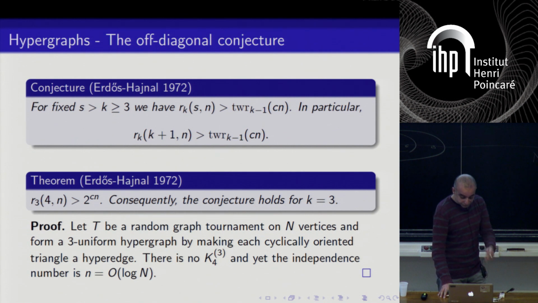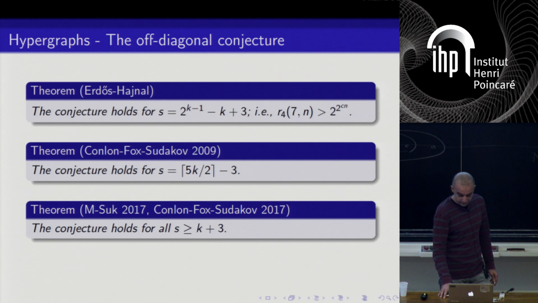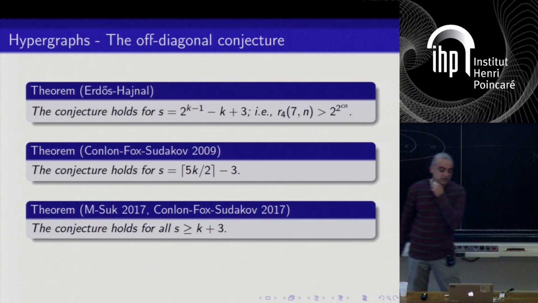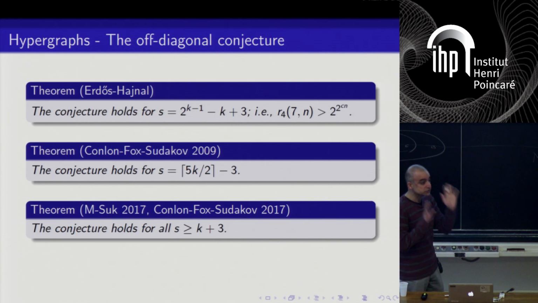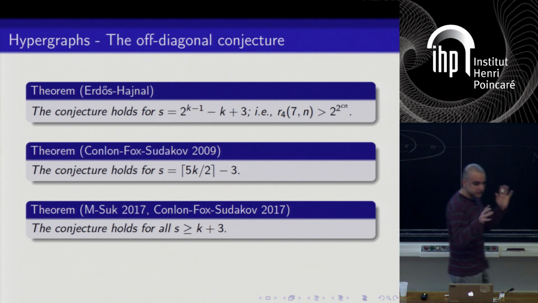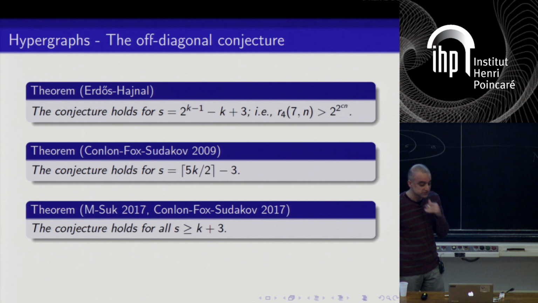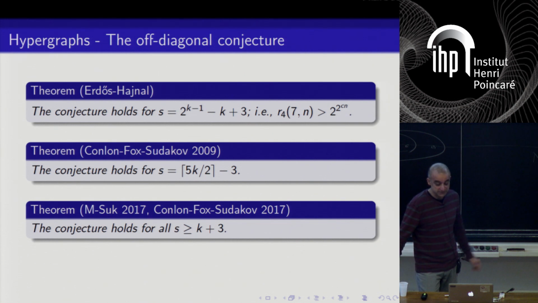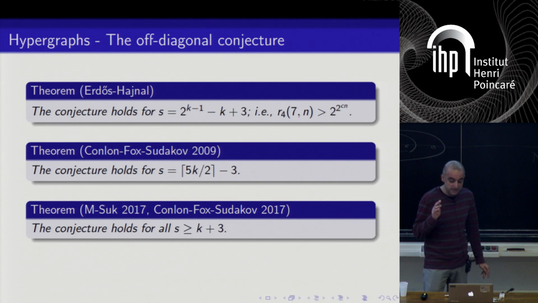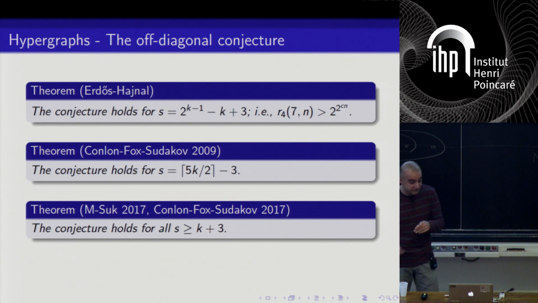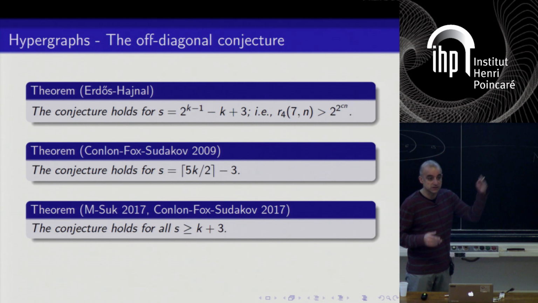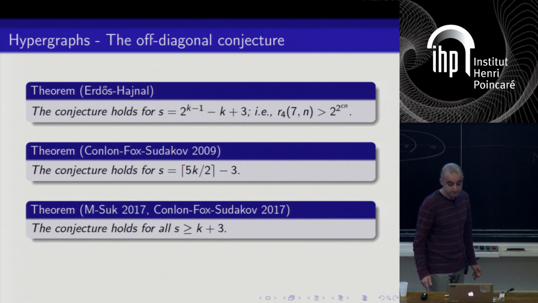Okay, so for 3 it is true, but what happens for larger values? Well, Erdős and Hajnal themselves showed that the conjecture is true if the small clique is a little bit bigger than k plus 1, well, a lot bigger actually, exponential in k, 2 to the k minus 1 minus k plus 3. So they proved that r_s(n), where s is this value, grows in the correct tower height.